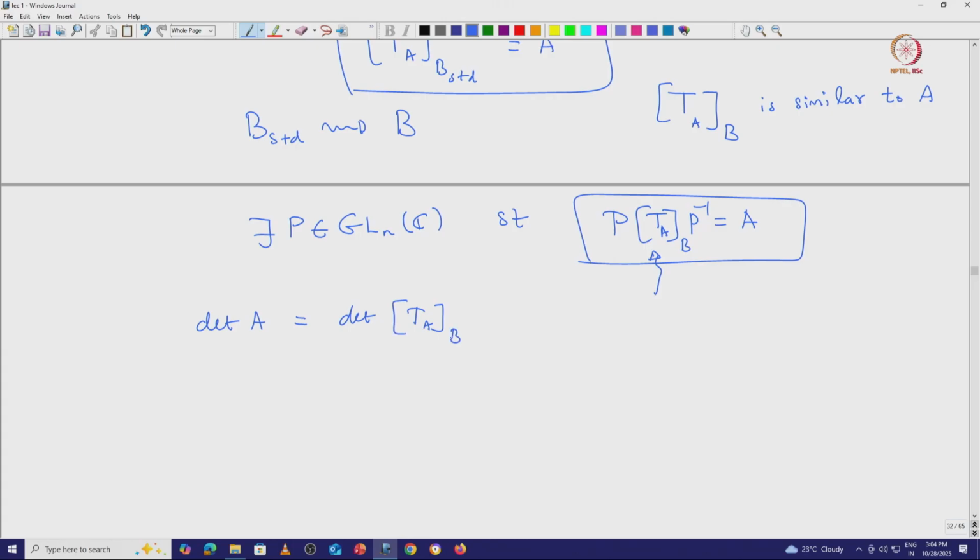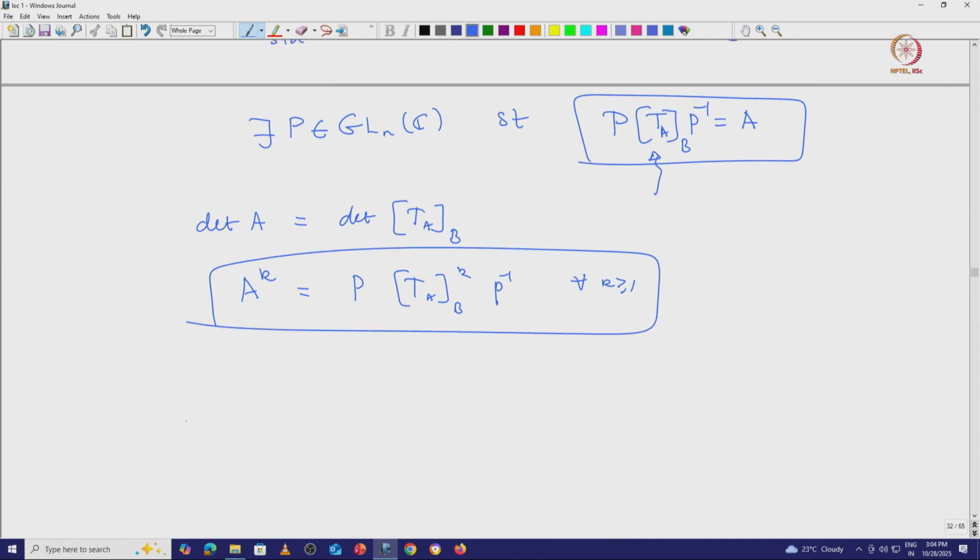If you are interested in computing the higher powers, then A^k becomes P (T_A)_B^k P^{-1} for all k greater than or equal to 1. Once we know how to compute the higher powers of A, it is easy to compute the exponential of A, which is given by the formula, the summation of A^k divided by k factorial, k from 0 to infinity. So, this can also be computed.